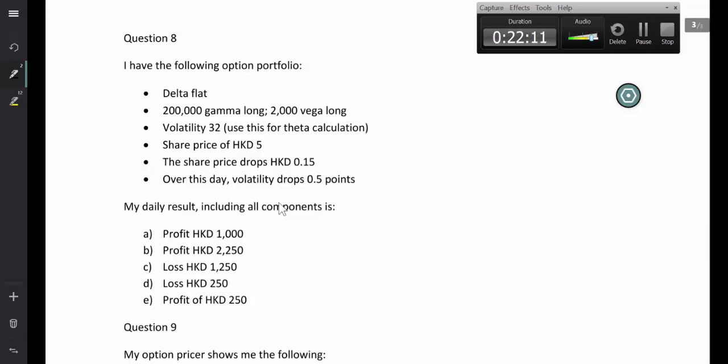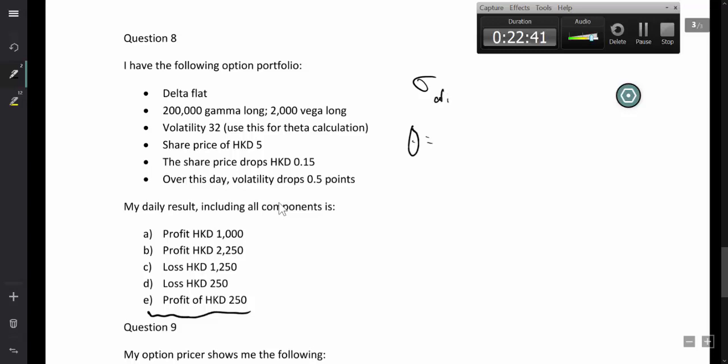The share price drops 15 cents and the vol drops half a point. Your daily result, including all components, is what? You pick E, the last one.